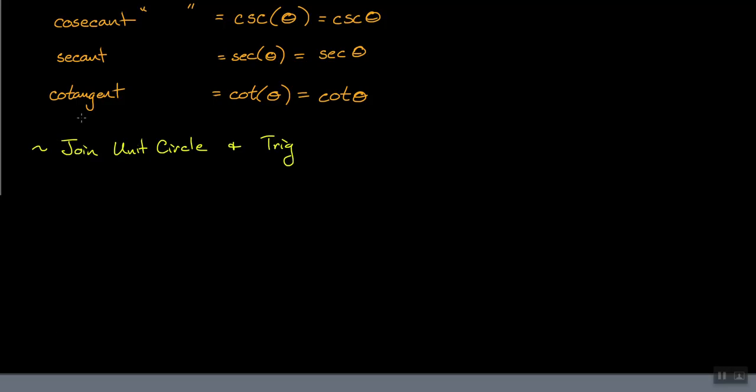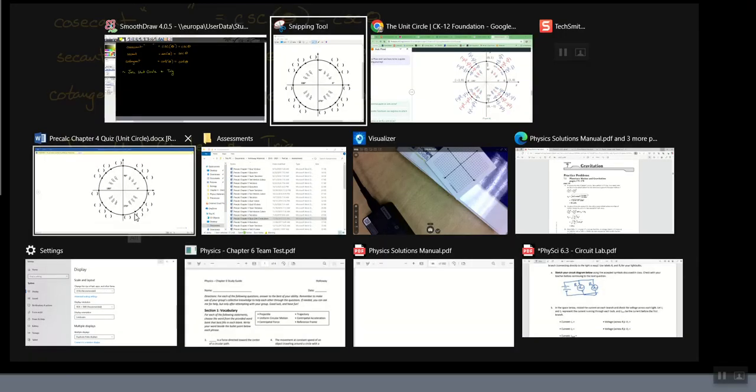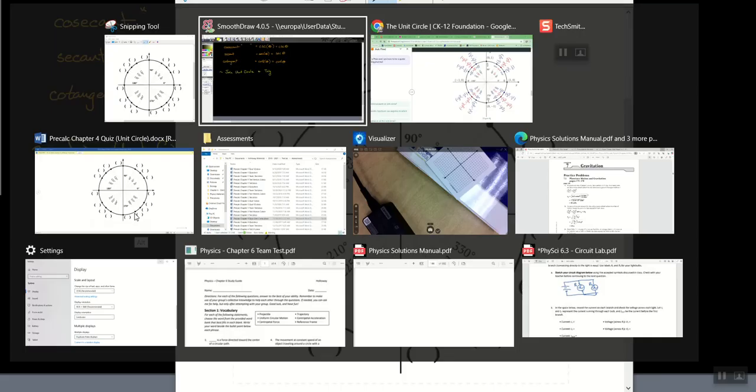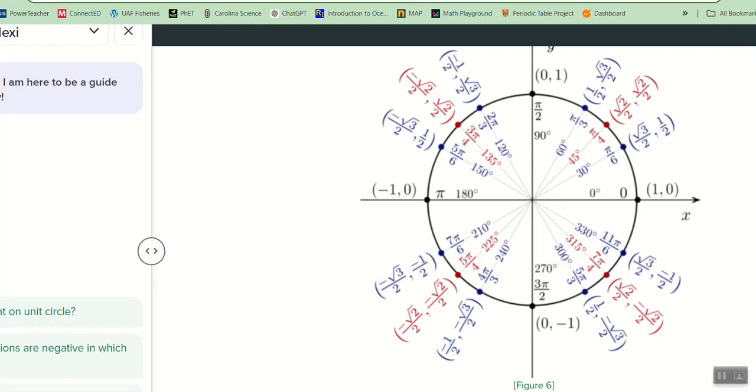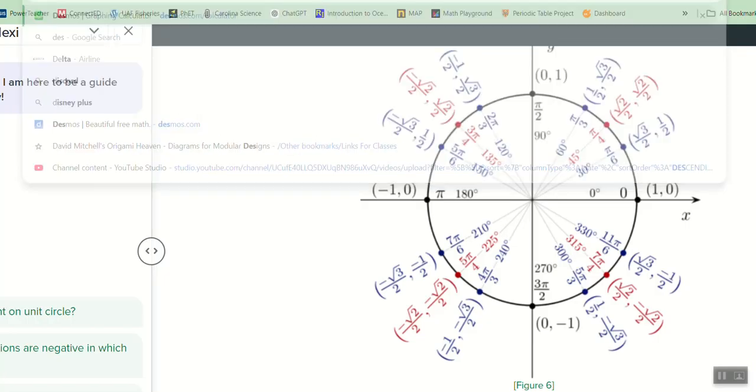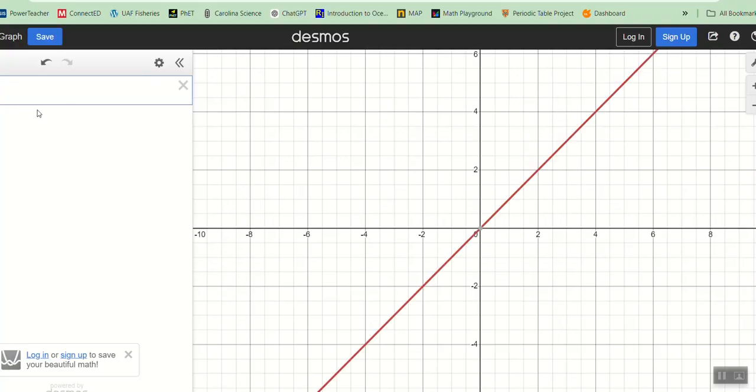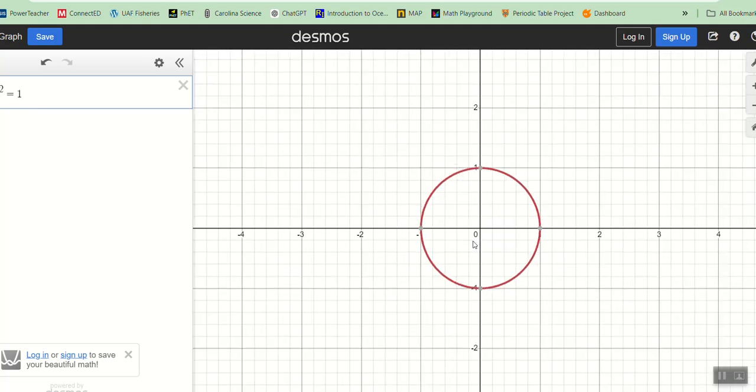So all of quadrant 1, I'm going to cheat and get it on Desmos. Nope, I'll do Desmos. That's fine, because you're doing the same thing. Just quadrant 1. Just this part.